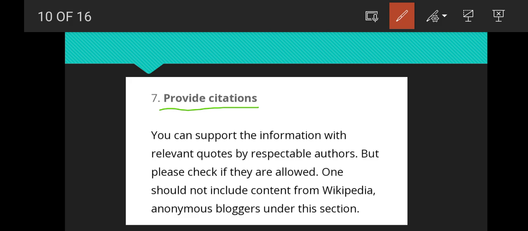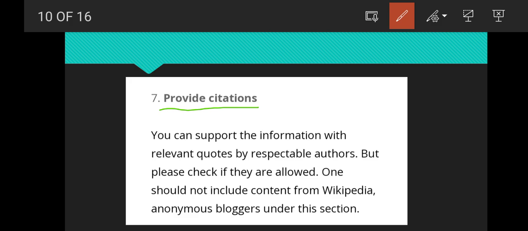You can support the information with relevant quotes by respectable authors. As I told you, if you're writing about any author, any book, anything, you have to put the same quote. Suppose you are writing about Rabindranath Tagore, so you need to put his quote.